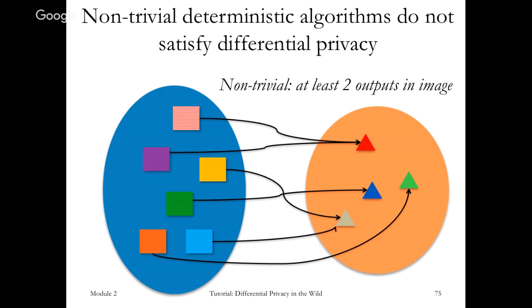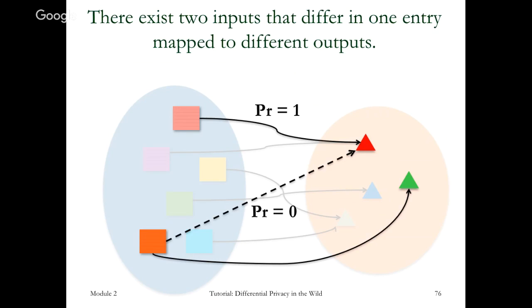Such a deterministic algorithm wouldn't satisfy differential privacy, because as long as there are 2 possible outputs, you can consider the space of all possible inputs and find a pair of inputs, 2 different data sets that differ by just 1 record. On one of those data sets, you're going to output that red triangle with probability 1.